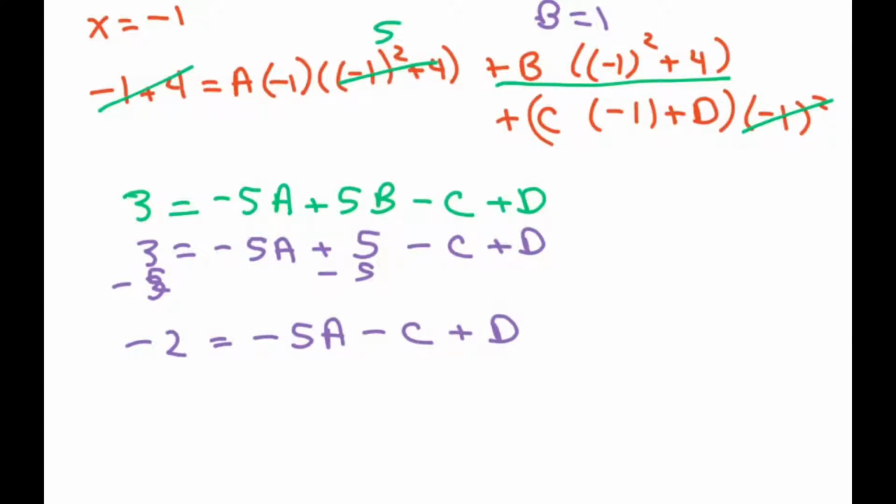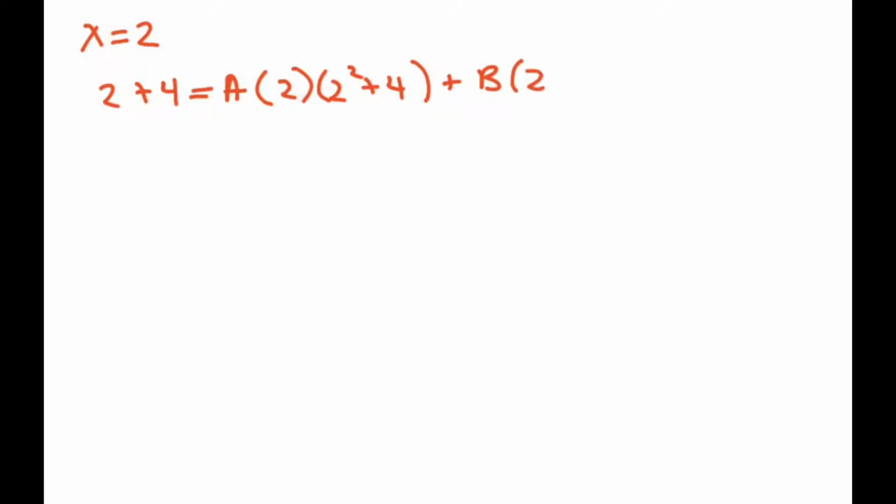All right. Now, since we have 4 variables here, let's choose one more. Let's let x equal 2. When you plug that in, you're going to get 2 plus 4 equals A times 2 times 2 squared plus 4, plus B times 2 squared plus 4, plus C times 2 plus D, and then we have times 2 squared.